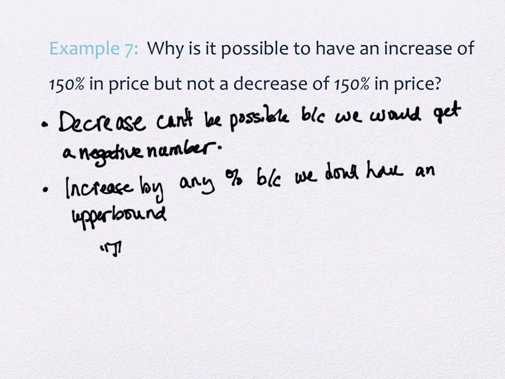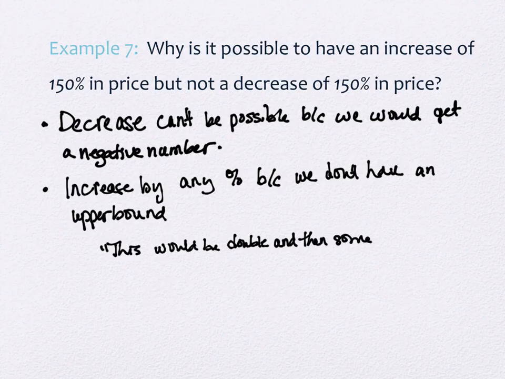And I'm going to write down that phrase. This would be double and then some more. All right, so if the price doubles and then you add a little bit more to it, you're in the over 100% addition, and that actually is possible to do.